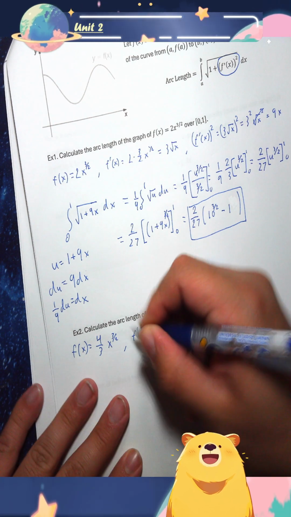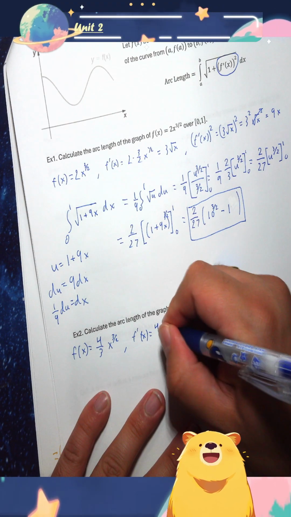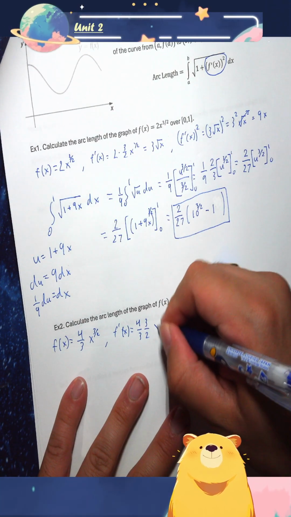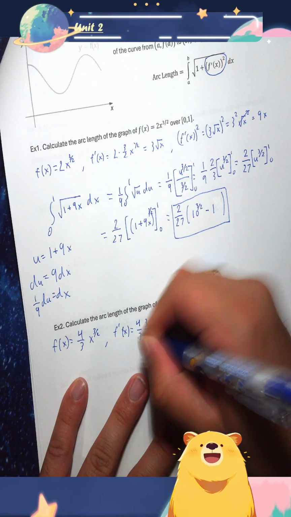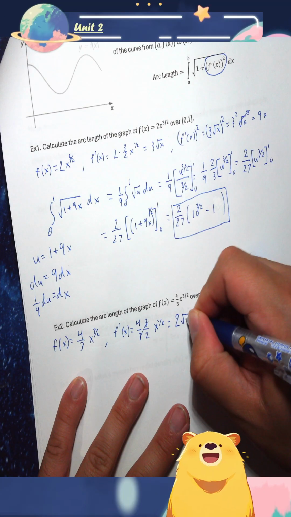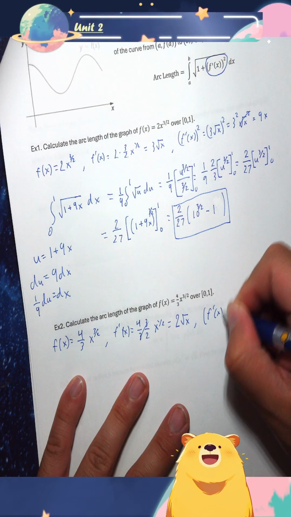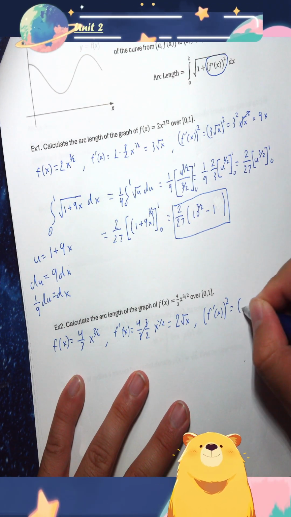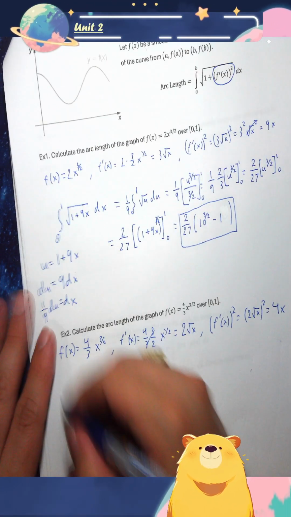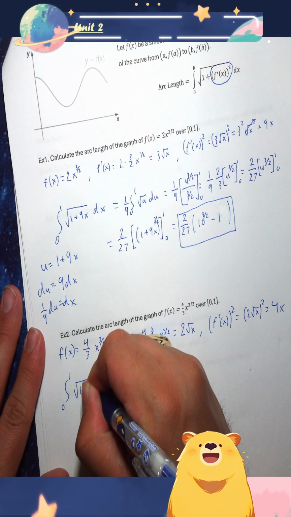F prime of x is equal to 4 over 3 times 3 over 2, x to the power of 1/2, which technically is just 4 over 2, which is 2 square root of x. And then the whole thing squared is just 4x. So you plug it in, 1 plus 4x.